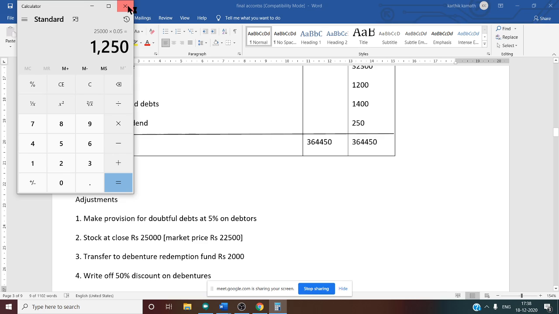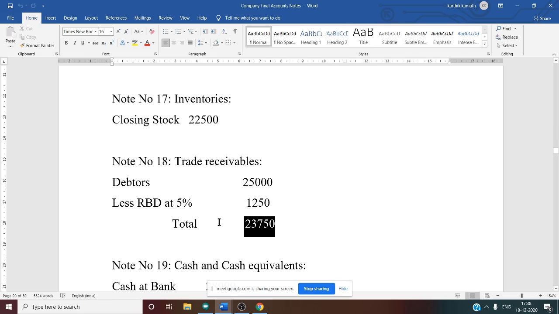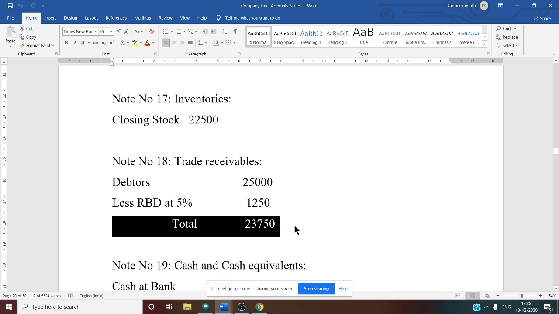So this new RBD you have to deduct from debtor in order to get the final debtor balance. See this, now 25,000 minus 1,250, final balance is 23,750. Trade receivable, note number 18.